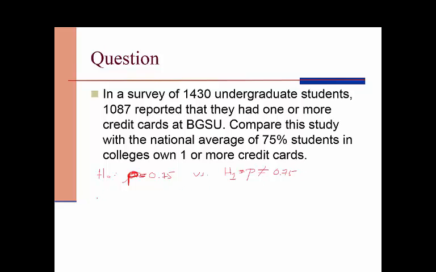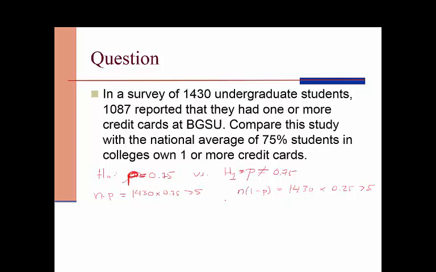Okay, now check your assumptions. N times p, which is equal to 1,430 times 0.75, that is definitely much bigger than 5, and n times 1 minus p, which is equal to 1,430 times 0.25, is also much bigger than 5.